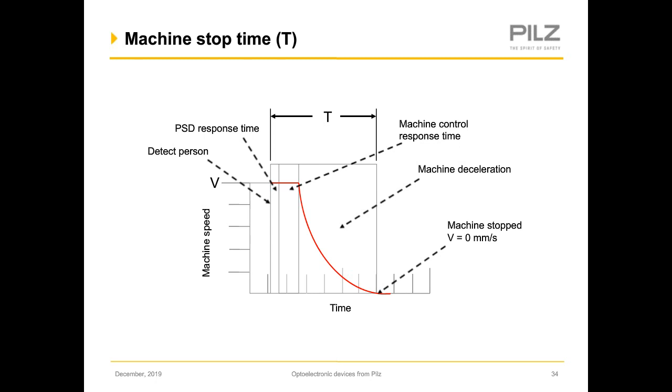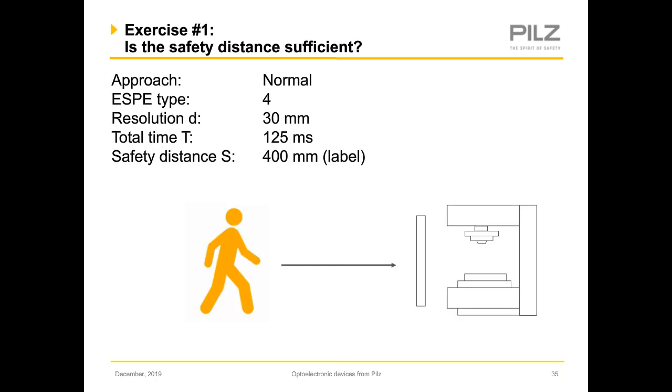So now we're going to do an example here. So we have the approach is normal, the ESPE type 4, resolution D is 30 millimeters. The total time is measured, including the ESPE, everything together, is 150 milliseconds. And the safety distance on the machine, on the label, is written as 400 millimeters.